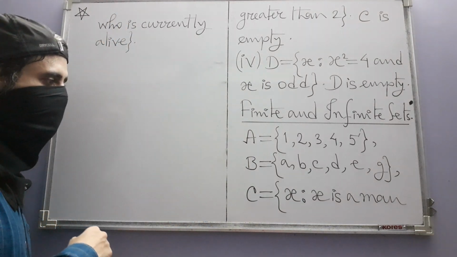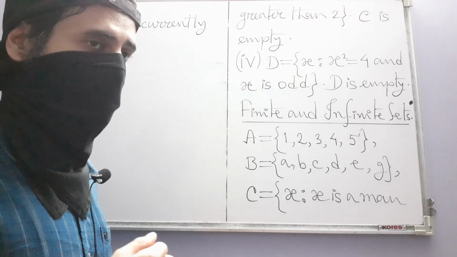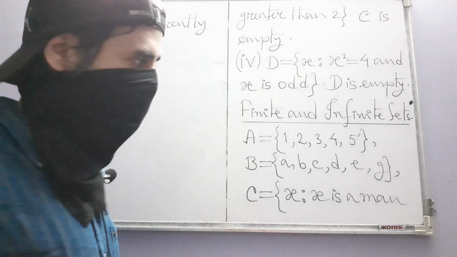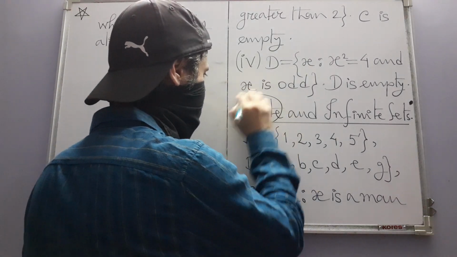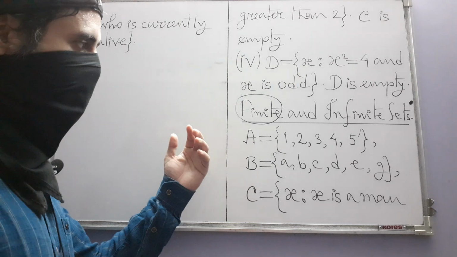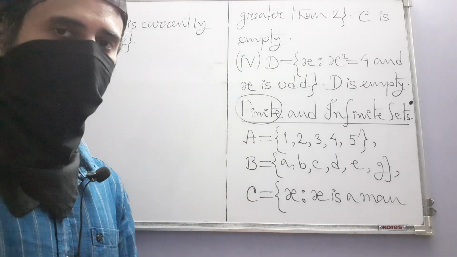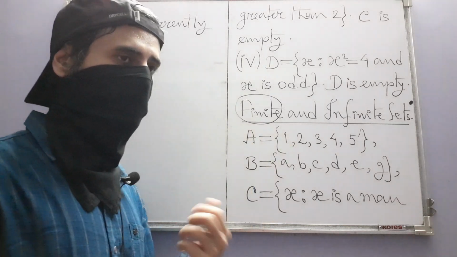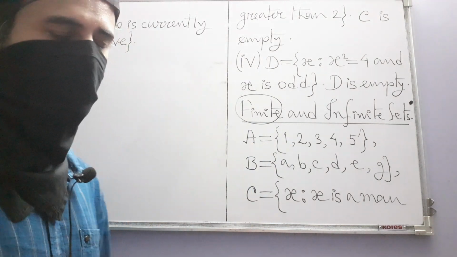And this type of sets are called finite sets. And that thing that I was saying just now, that there are things associated with these sets, is the number of elements in each such set.